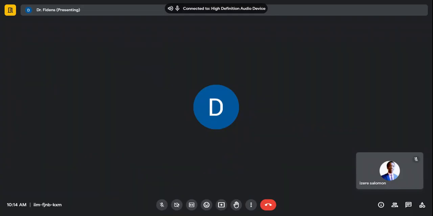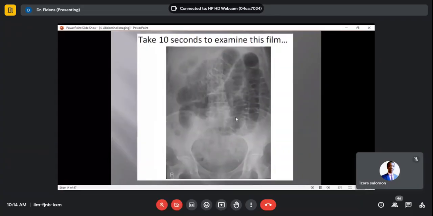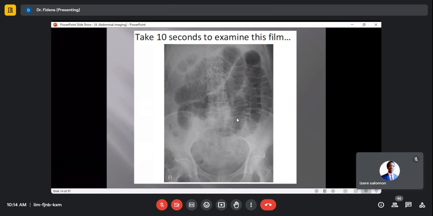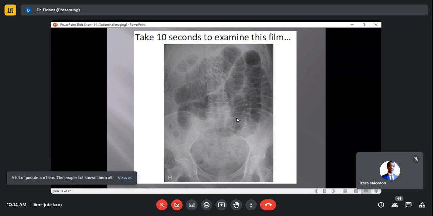Who can tell me the structures you are able to see here? Enlarged colon. You see the enlarged colon. That's one. Another one. Serrated small.